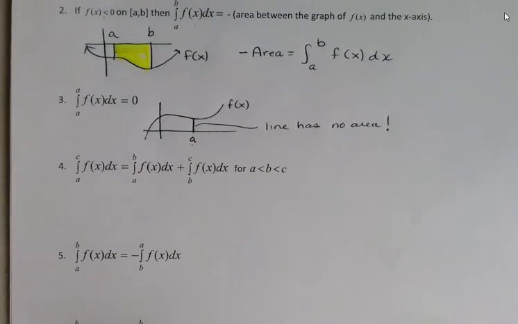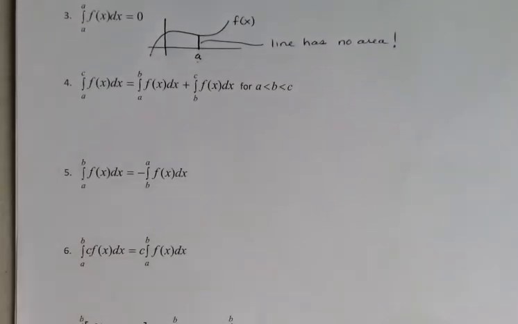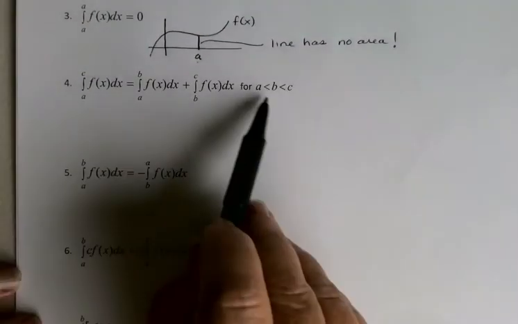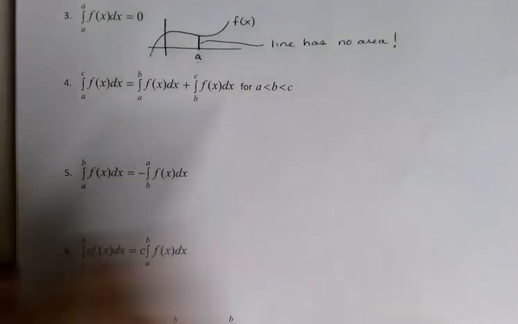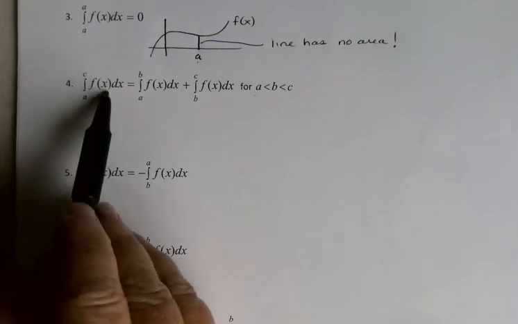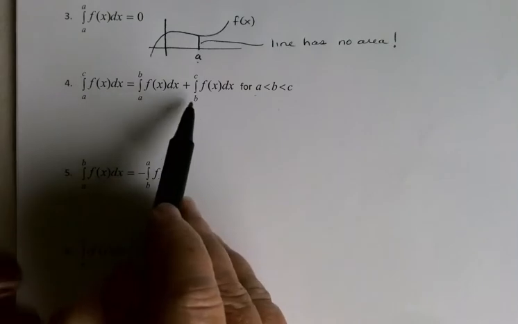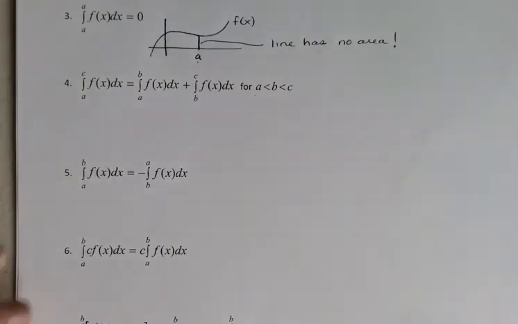All right, this next one looks complicated, but when you think about the geometry, it's actually just common sense. It says if a is less than b is less than c, then the integral from a to c for our function is equal to the integral from a to b plus the integral from b to c.